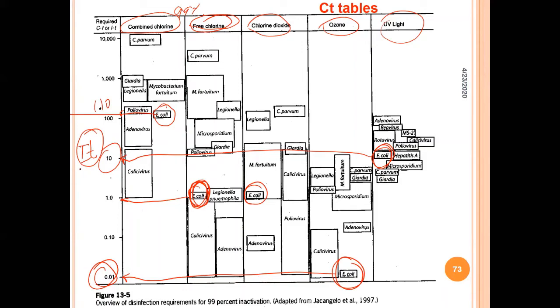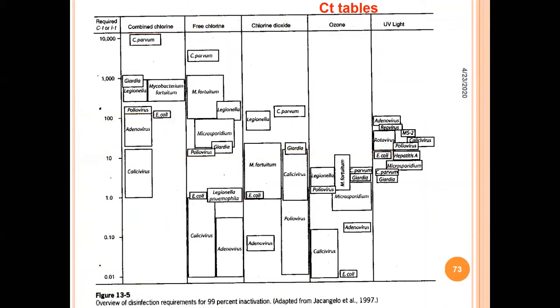So using this kind of CT charts, you can easily get, for a given percentage of inactivation, what should be CT or what should be IT. So it's quite easy to apply for knowing how long you need and what concentration of disinfectant we need for achieving a certain degree of disinfection.